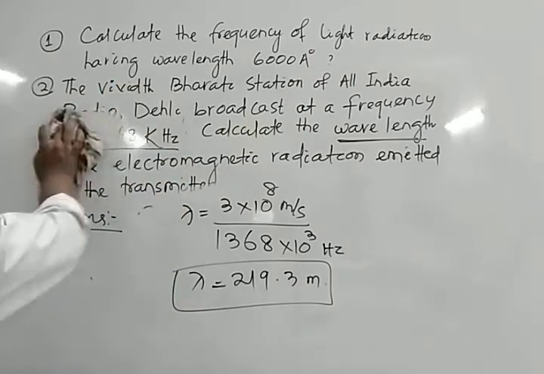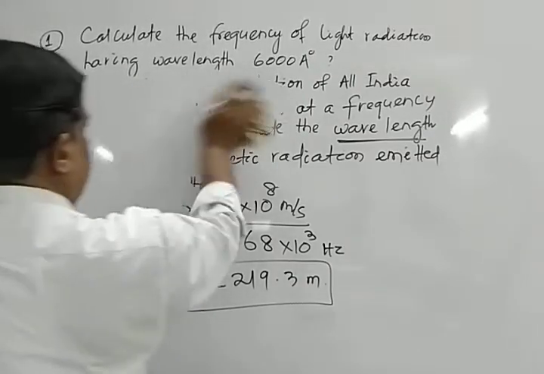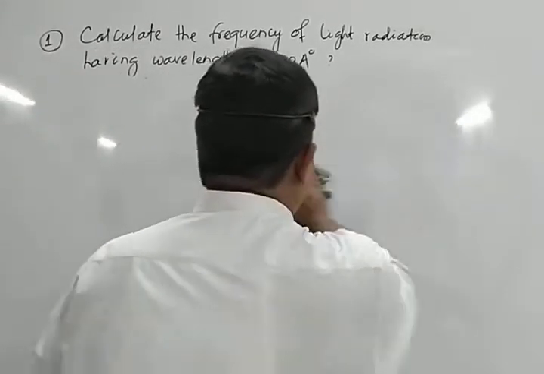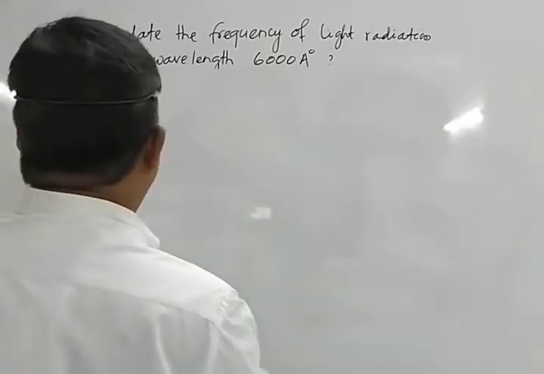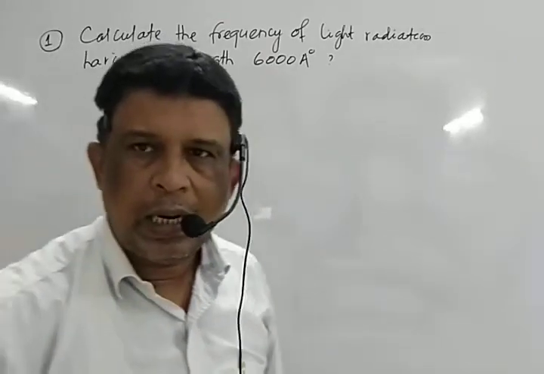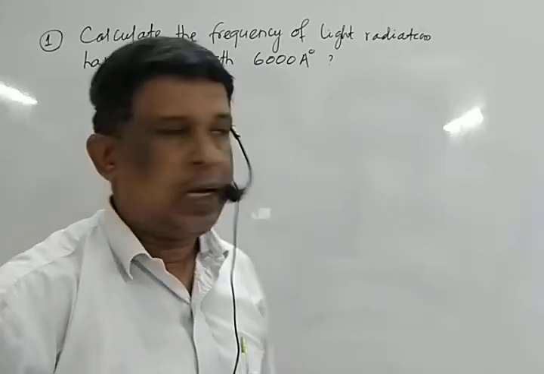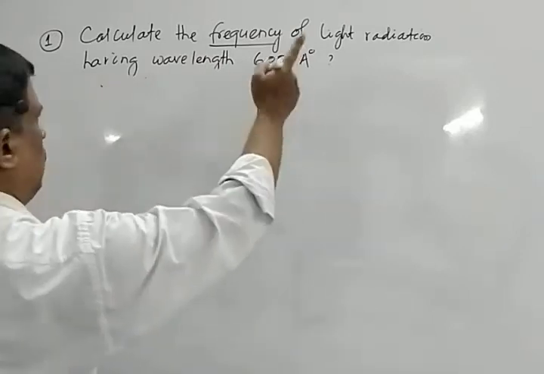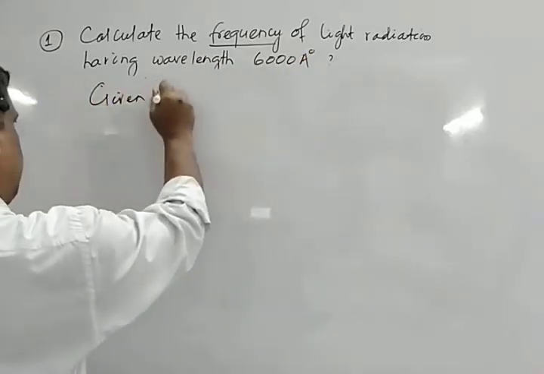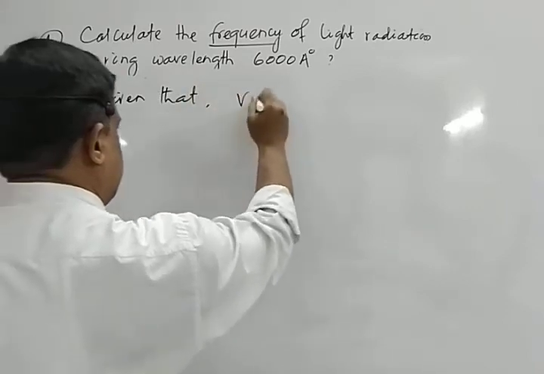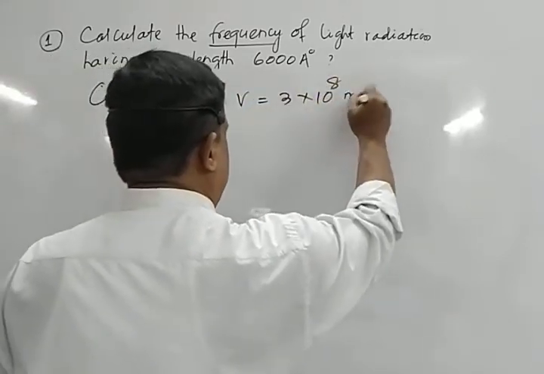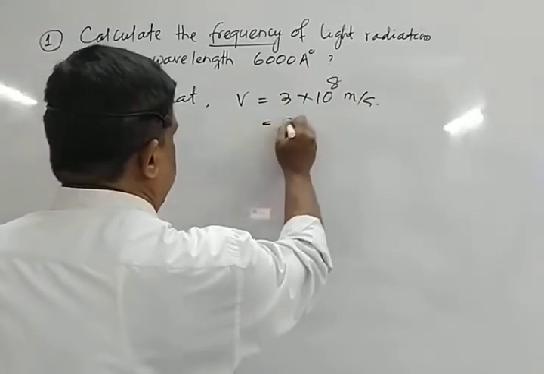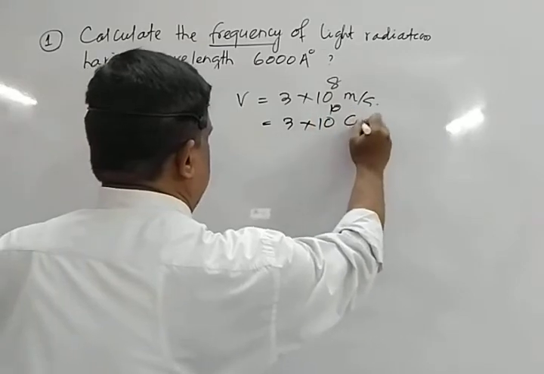Move to the next question. First read the question, then write down the given data, put this data in the formula, get the answer. Calculate the frequency of light radiation. Given the velocity of light radiation, 3 into 10 to the power 8 meter per second or 3 into 10 to the power 10 centimeter per second.